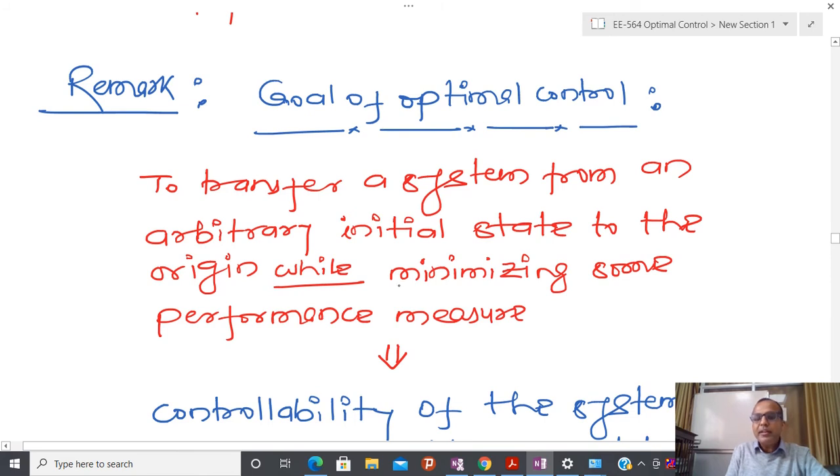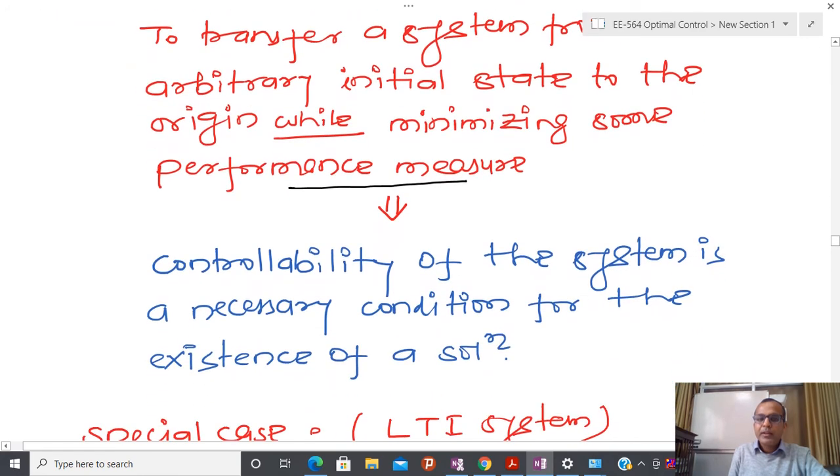And in between, whenever we are doing this, we have to minimize some performance measure. In the previous class I told you the meaning of performance measure. In the next class I will give you a more brief overview of how to select a performance measure for some particular class of problem. So that is the aim of the optimal control problem.